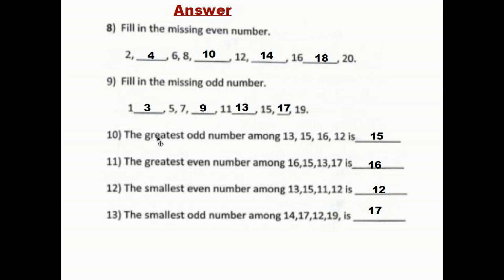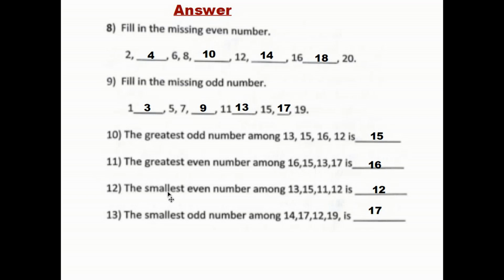Since you are asked for the greatest, the number is 15. And the greatest even number: there is no other even number other than this one, so the number is 16.